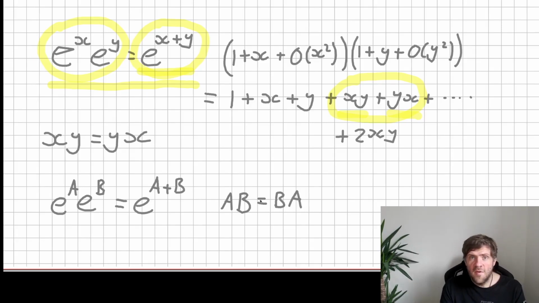Sometimes Paulis commute and sometimes they anti-commute. So, for example, X and Y anti-commute, and therefore e to the X times e to the Y is not equal to e to the X plus Y. Okay, so that's why it doesn't work. Now let's see why it does work.